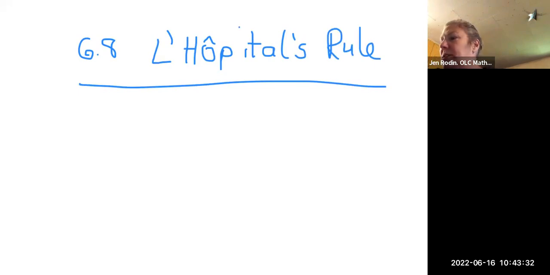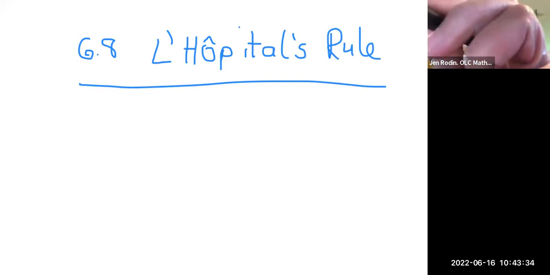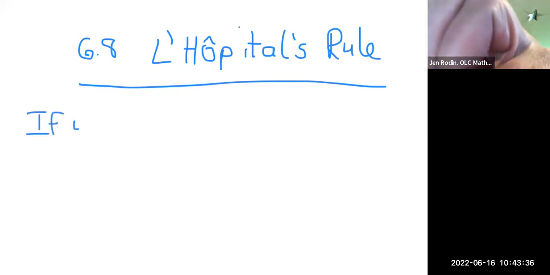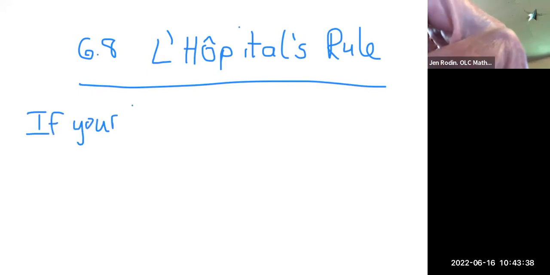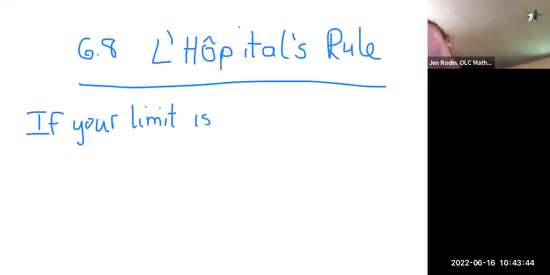wonderful invention. So back to limits, to finish strong with limits: if your limit comes out to be indeterminate like that, or infinity over infinity, that's called indeterminate.